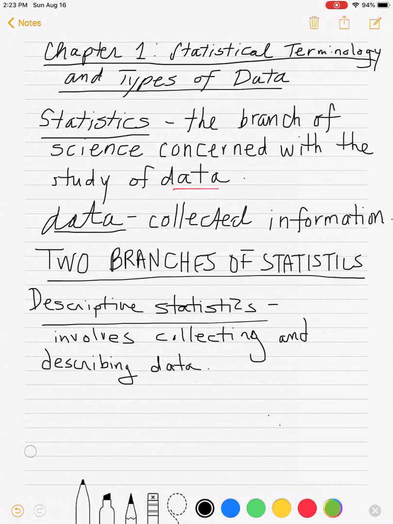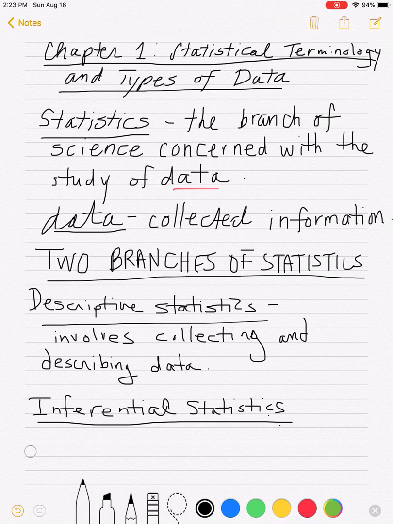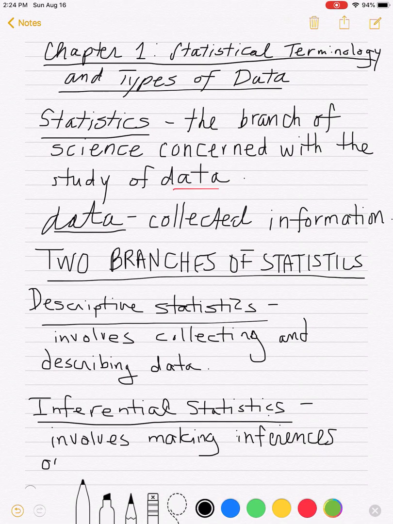All right, so the other branch of statistics is called inferential. Inferential statistics involves making predictions or inferences about uncollected data.